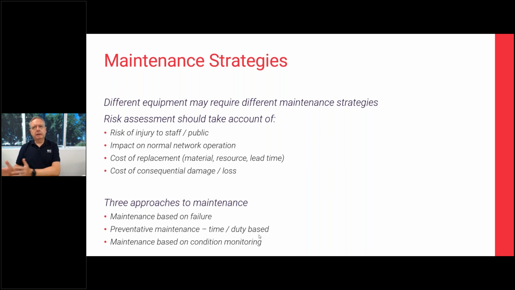So the trend throughout the last couple of decades has been to get maintenance based on condition monitoring. So looking at the condition of an asset and finding out when we actually need to intervene, what we need to do in order to keep that asset running reliably and safely, and getting the best value from that.